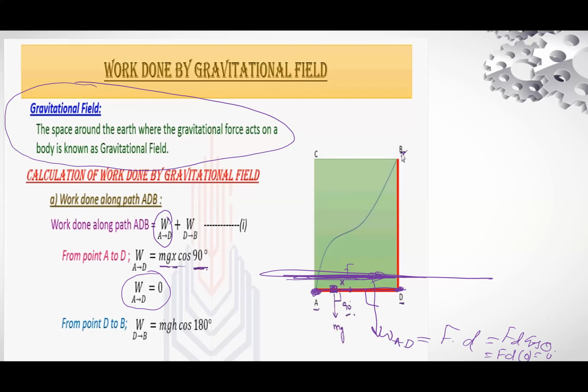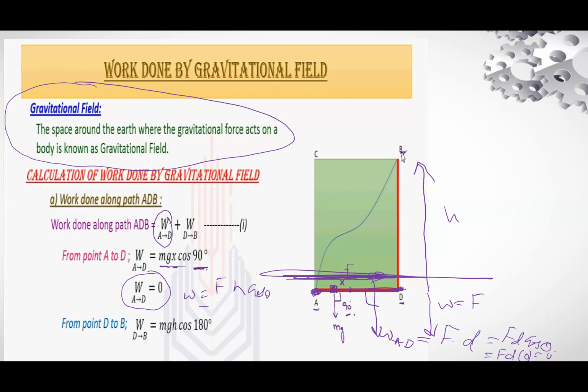Now work from D to B, during which a distance h is covered. This is the gravitational force, so work done will be negative. Work done is equal to F h cos theta.